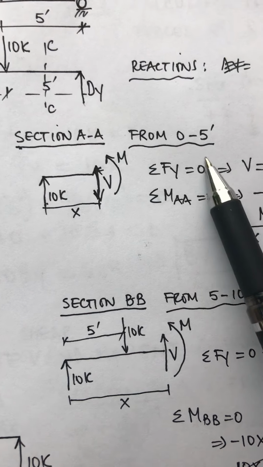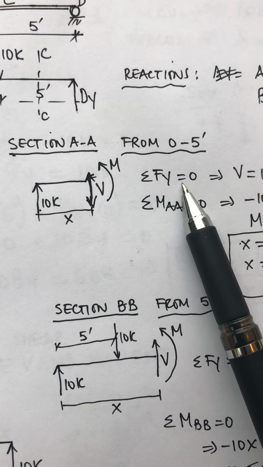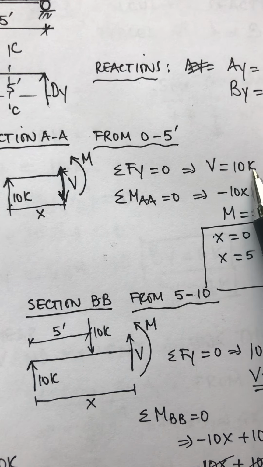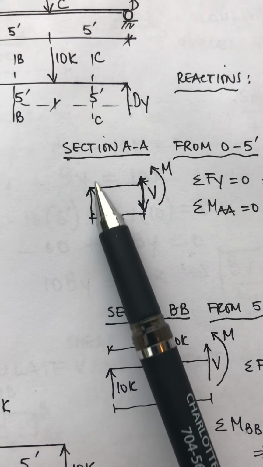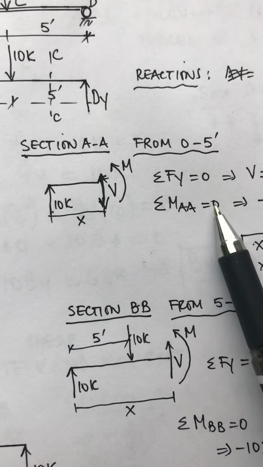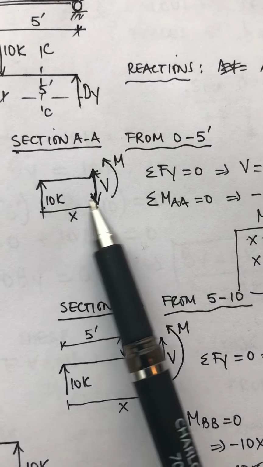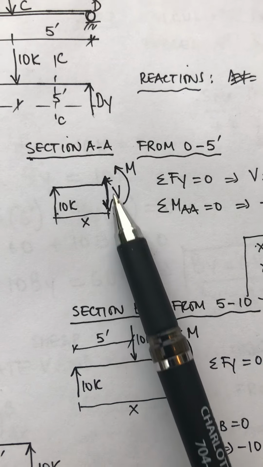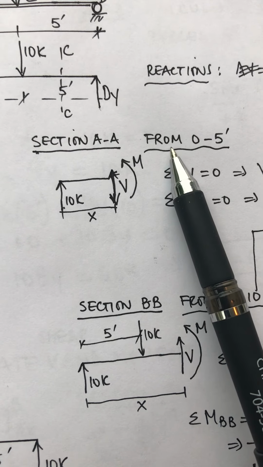The summation of forces in the y direction gives V is 10K, because plus 10 minus V is 0, so V is 10. The moment at cut AA is 10 times X, and it's minus because it's moving clockwise.